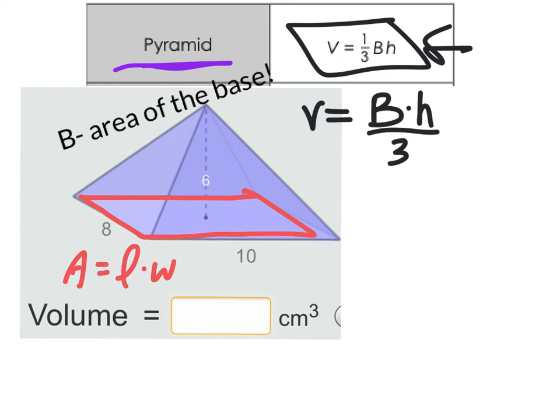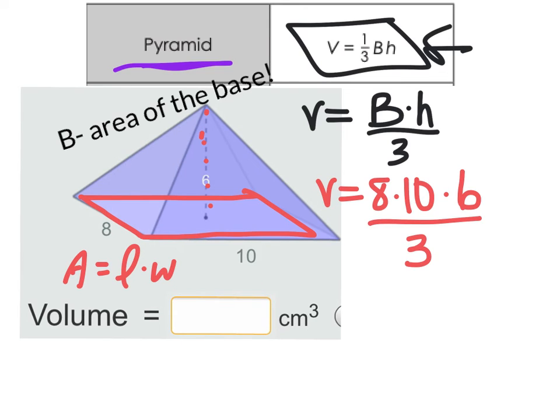How do you find the area of a rectangle? Length times width. So we would have to do the area of the base, which is a rectangle, so length times width, so 8 times 10, and then multiply that by the height, which is to the tippy top there, which is 6. So we'd calculate all of that and then divide by 3.